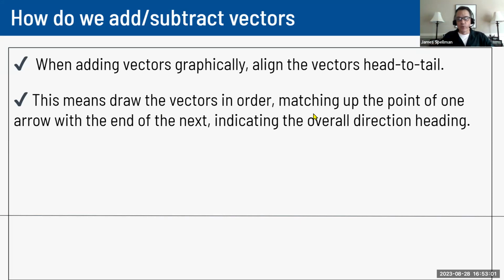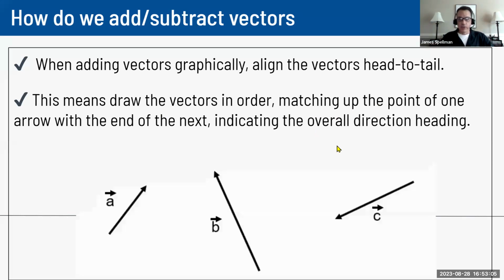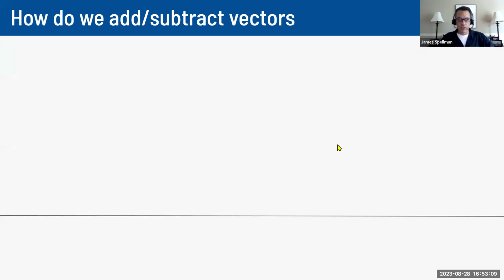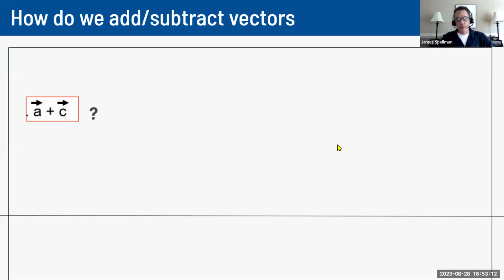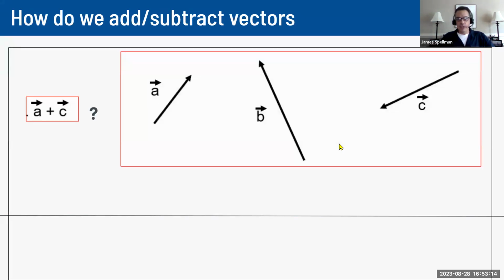So we're going to draw the vectors in order. We're going to match up the point of one arrow with the end of the next to indicate the overall direction. So again, if we have these vectors A, B, and C, we can start seeing how they fit together. If I wanted to put vectors A and C together, we can think about what that would look like. So the rules were: take the vector and draw it out, and again, it would need to go in the same direction. I'm not going to be able to draw very well on here. I'll just leave A the way that it is because that's my first one.